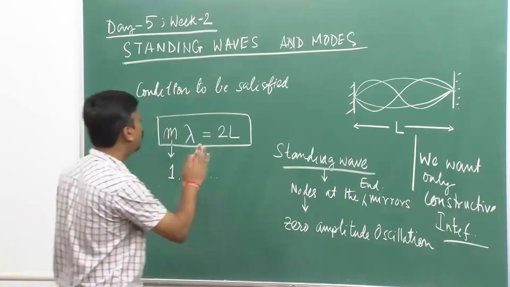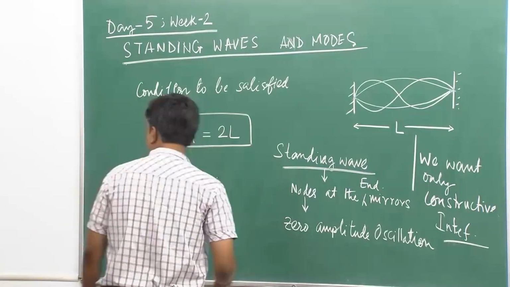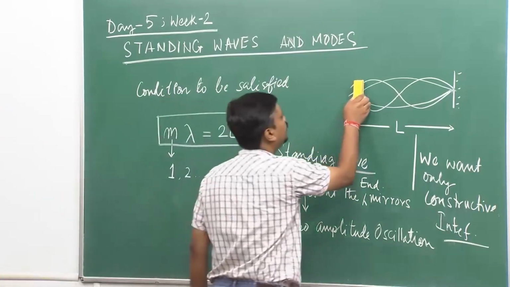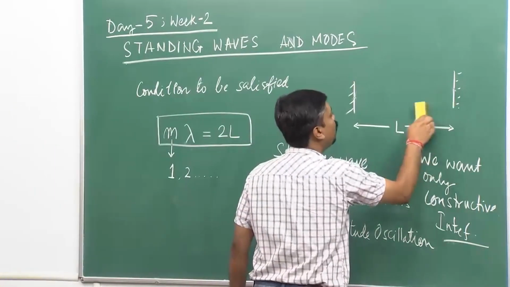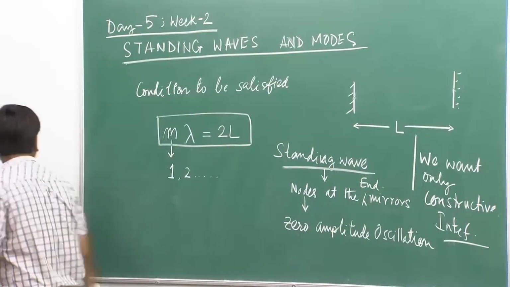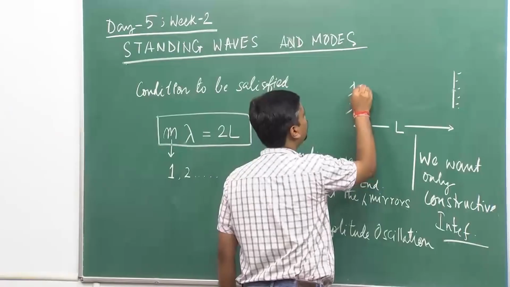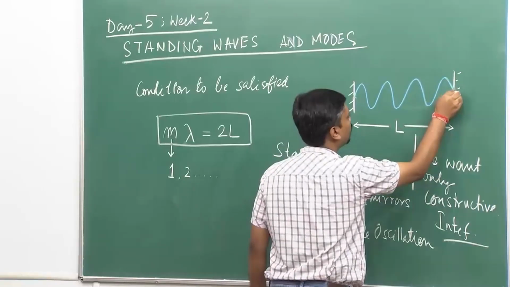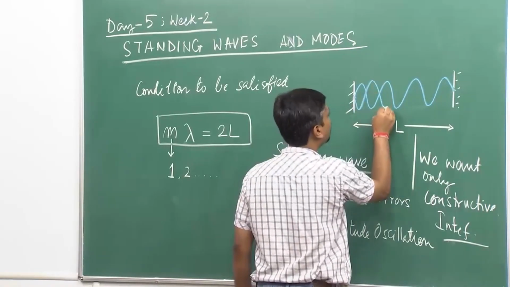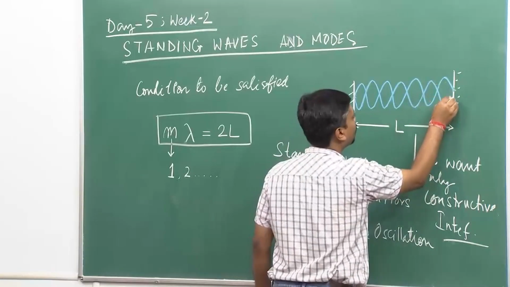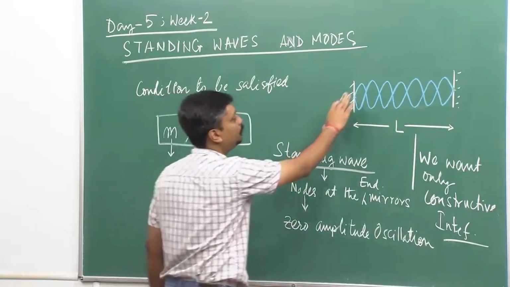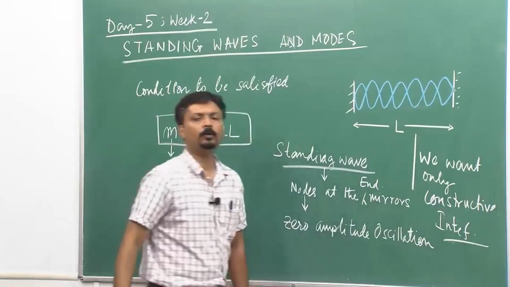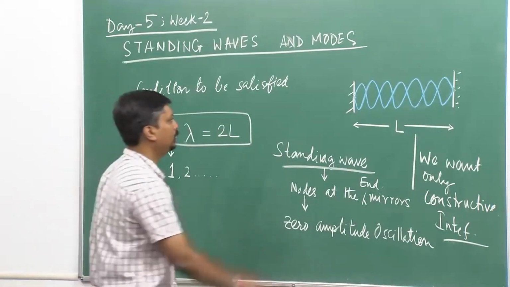And for any general mth mode that I write here, that would mean that I will have m number of oscillations before it goes to the zero amplitude point, that is, the 2 nodes.